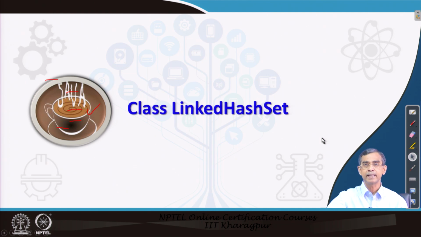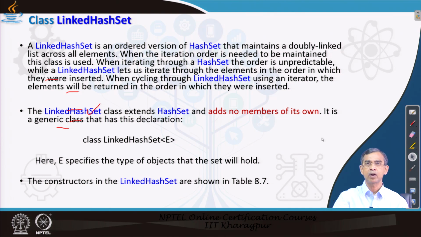Now, linked hash set is one way of getting a sequential representation of the hash set. That means it stores in a sequential form, just like a linked list. Linked hash set is basically one form of hash set, and it extends the hash set.